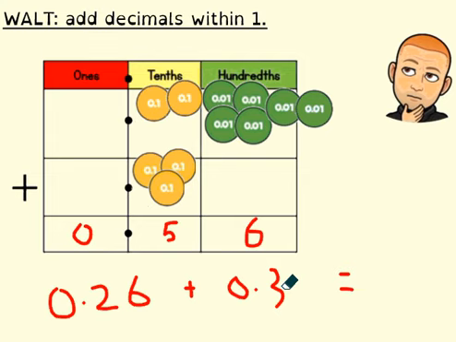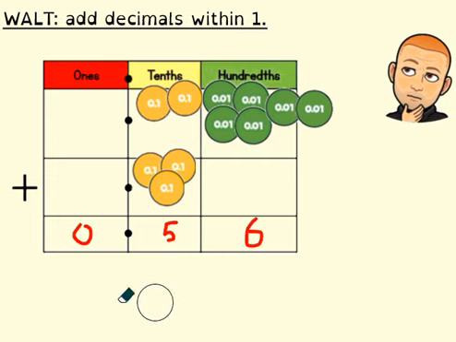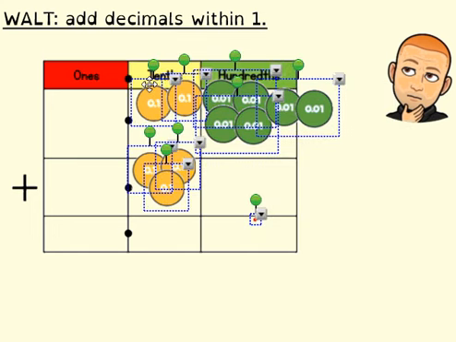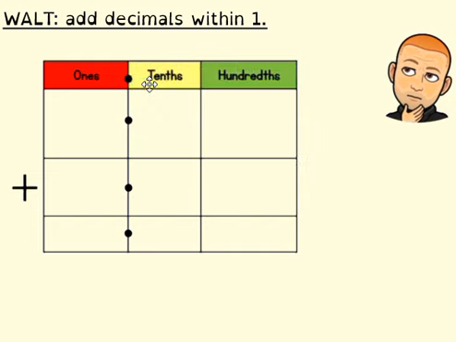The trickiest thing to look at would be something like this, I suppose. For us today, let's just get rid of that. Let's have a look at something like 0.37. Again, we're still working within 1. Add 0.24.